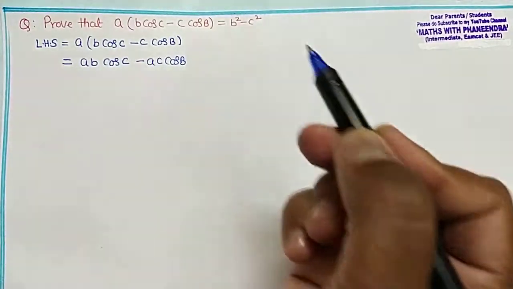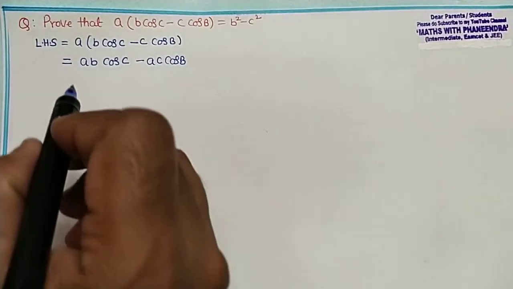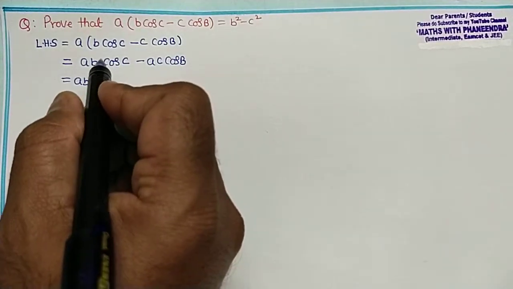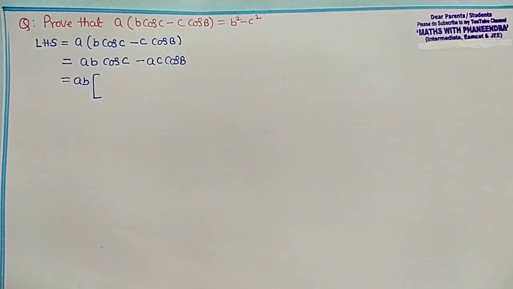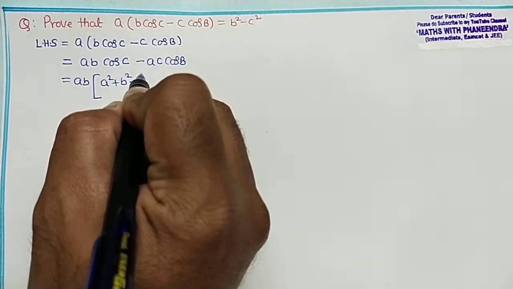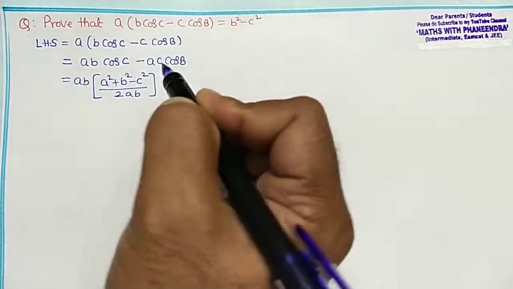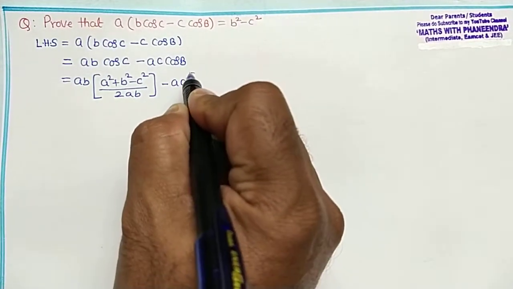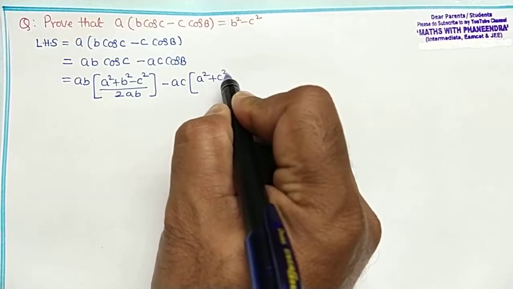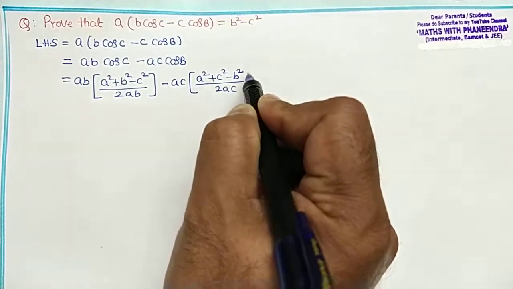By using cosine rule, which is equal to ab into, write the formula for cos C. Cos C means what? (a square plus b square minus c square) divided by 2ab, minus ac into cos B formula, (a square plus c square minus b square) divided by 2ac.